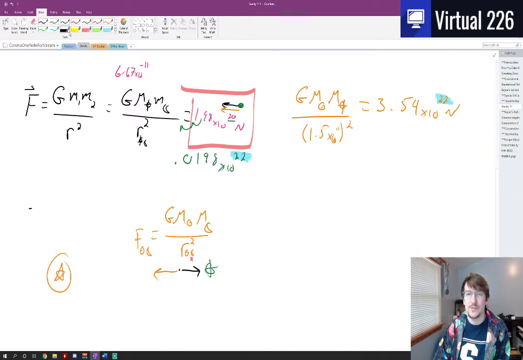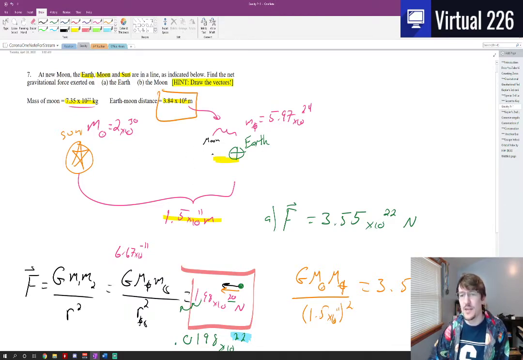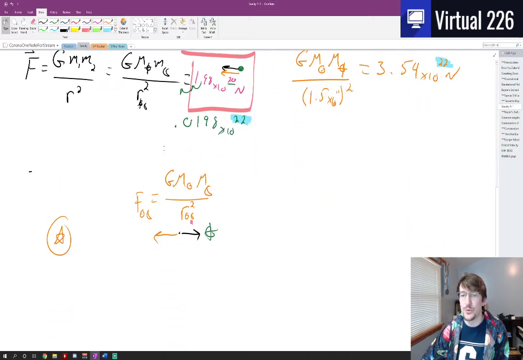What we actually have to do to find that sun-moon distance is a quick little subtraction problem. We know that the Earth-sun distance is 1.5 times 10 to the 11th. We need to subtract off of it this distance right here in order to figure out the sun-moon distance. It's not going to change a lot because that times 10 to the 11th is so much greater than times 10 to the 8th, but we'll do it for completeness.